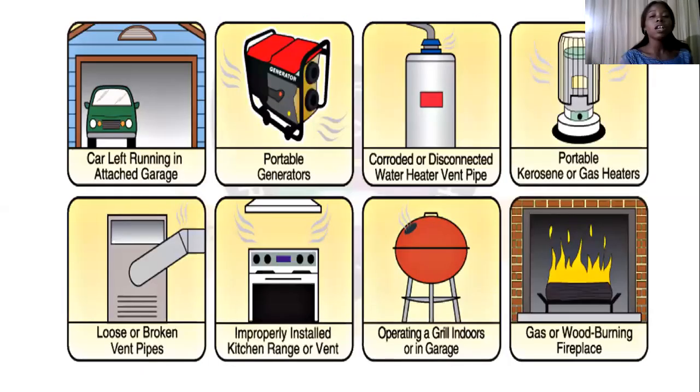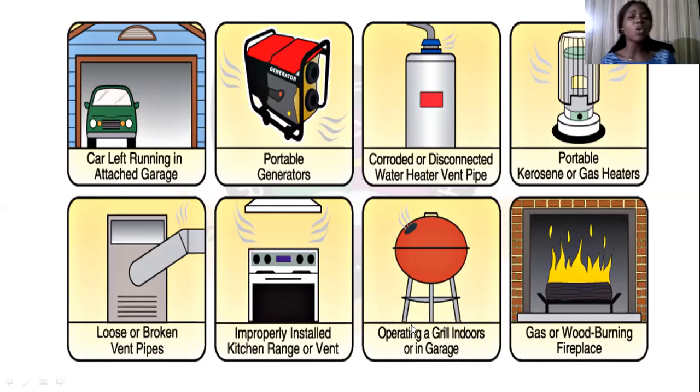Now look at how carbon monoxide is formed: from cars left running in an attached garage, when there is incomplete combustion in them; from generators; from corroded or disconnected water heater vents; portable kerosene or gas heaters whose effectiveness is not so good; broken vent pipes; improperly installed kitchen range vents; operating a grill indoors.